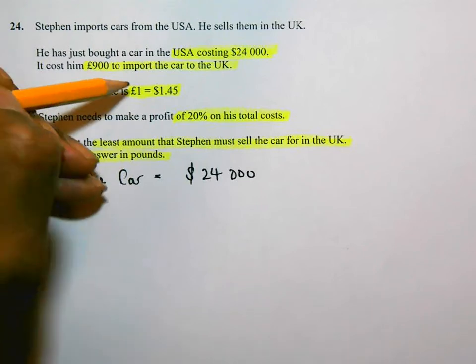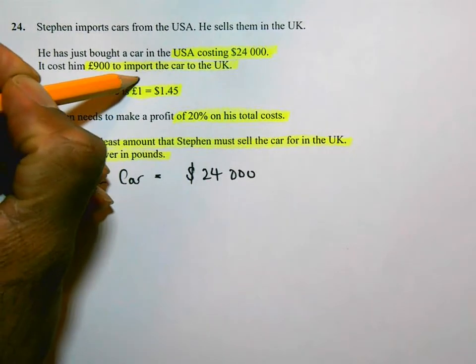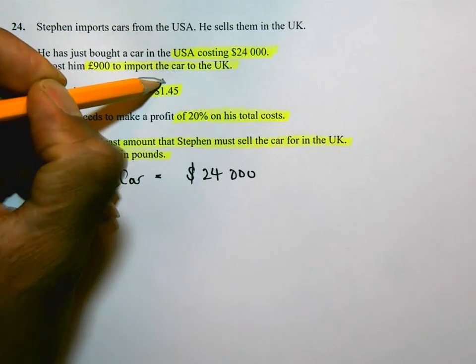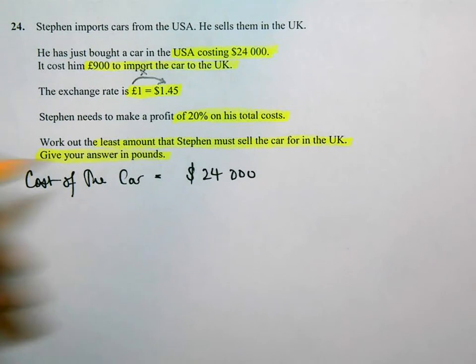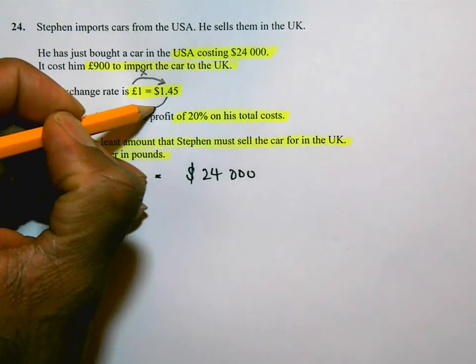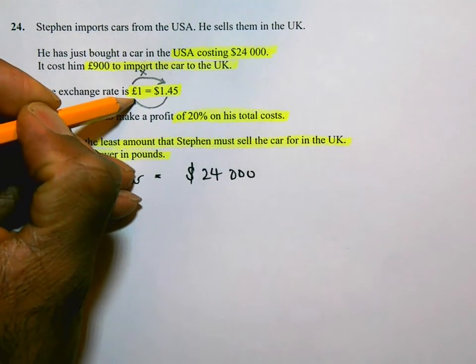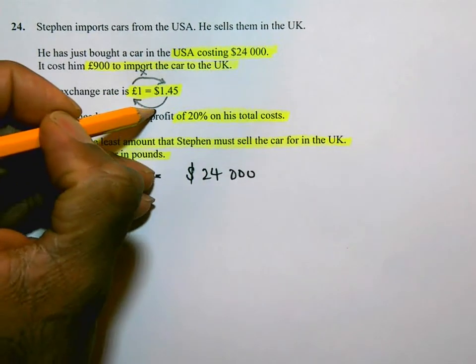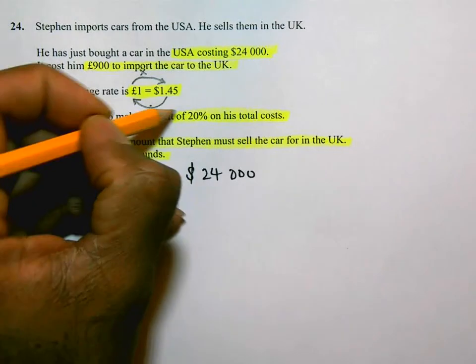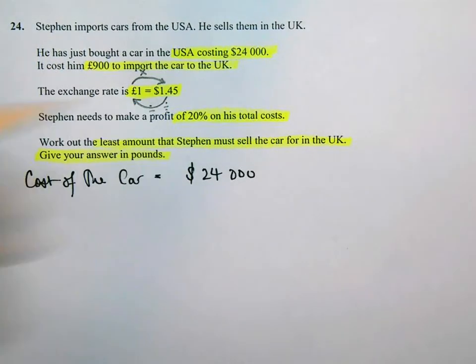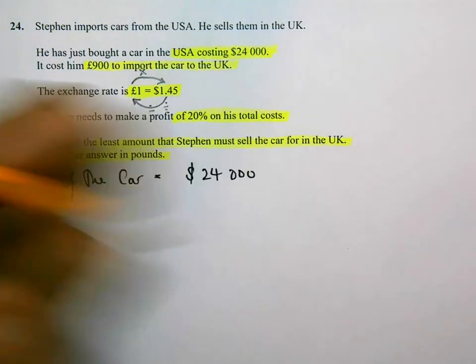If I was changing pounds to dollars, I'd go in that direction, and I'd be timesing. If I'm converting dollars into pounds, I'd go in that direction, and I'd be doing the opposite of timesing. I'd be dividing. So coming backwards, you'd be dividing.